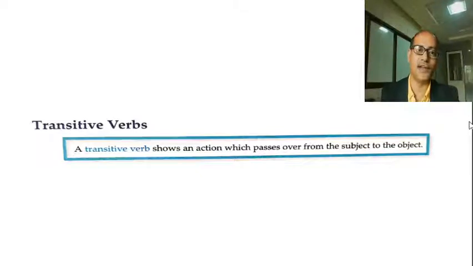Again you can say, I drink water. So here the action of drinking is done on water. So water is the object. I hope you are getting it, a very simple thing. A transitive verb is a verb which has a specific object.